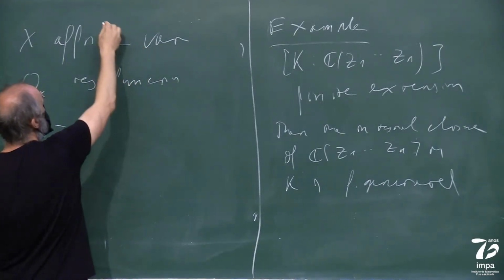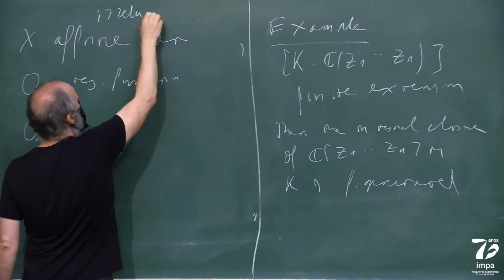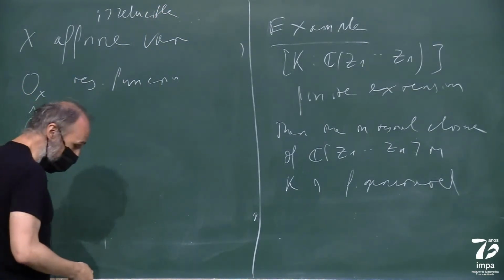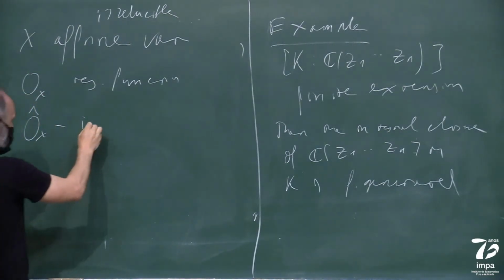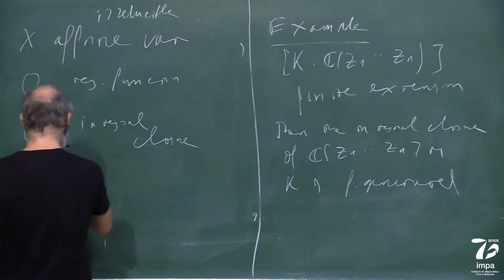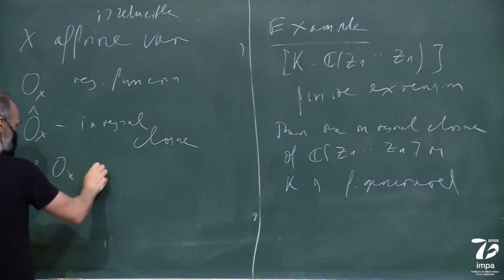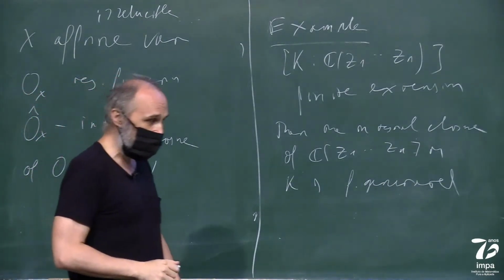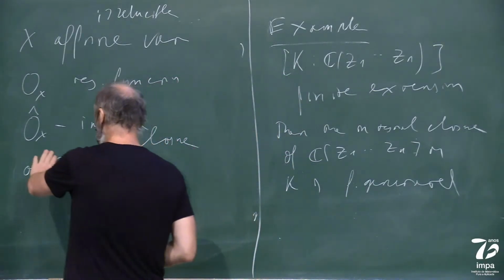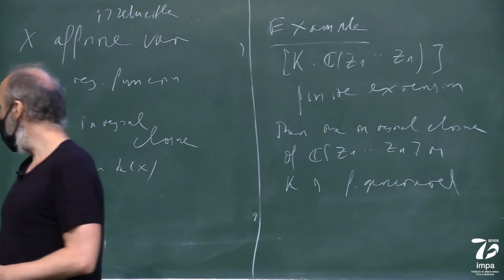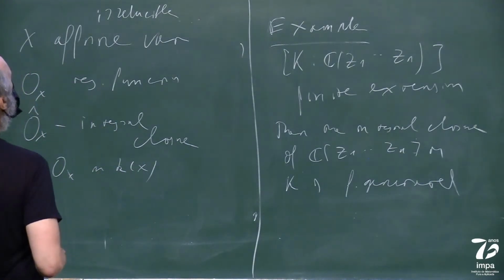We assume it's irreducible, so that the field of fractions is well defined, and then you can take the integral closure of O of X in K of X. The normalization is the spectrum of this ring, but it is not yet defined because we didn't prove that this ring is finitely generated. And this is what I'm going to do now. I'm going to explain finite generatedness of this integral closure.